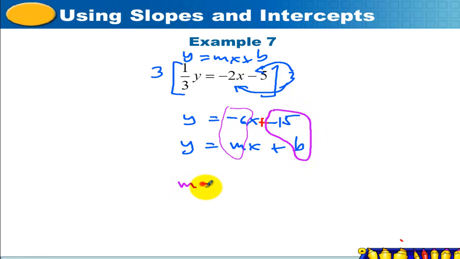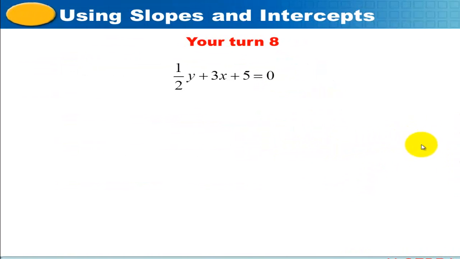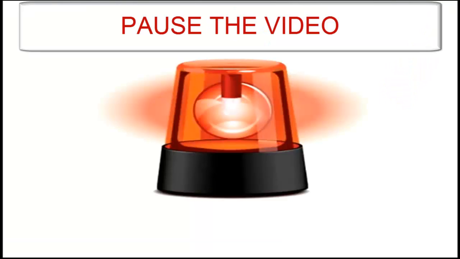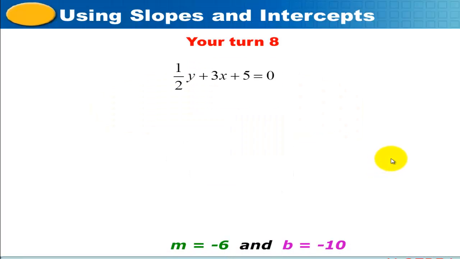So slope is equal to negative 6, y-intercept is equal to negative 15. For this question, please pause the video and solve for the slope and y-intercept. The answer is slope should be equal to negative 6 and y-intercept should be equal to negative 10.